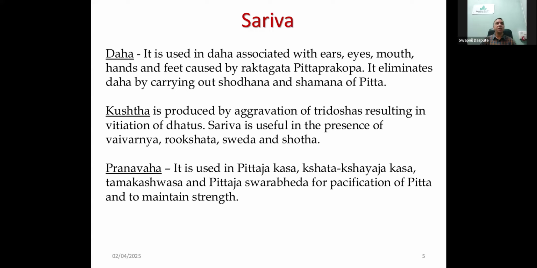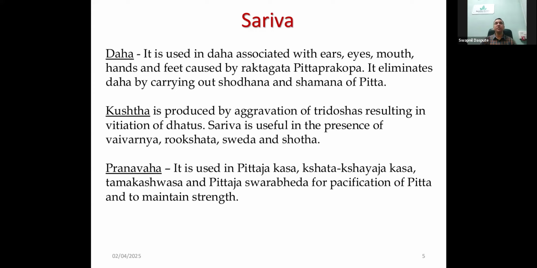Kushtha. Kushtha is produced by aggravation of tridoshas resulting in vitiation of dhatus. So this we have studied while we studied Kushtha. Sariva is useful in presence of Vaivarnya. Vaivarnya is discoloration. Rukshata, that is dryness, Sweda and Shodha.